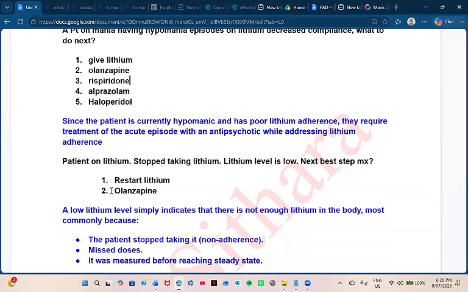But if there is nothing present, like acute symptoms or manic features, you don't have to worry. Then you can restart lithium, because a low lithium level means there can be a risk of relapse, so you have to prevent it by restarting it, right? So that is the way of it.